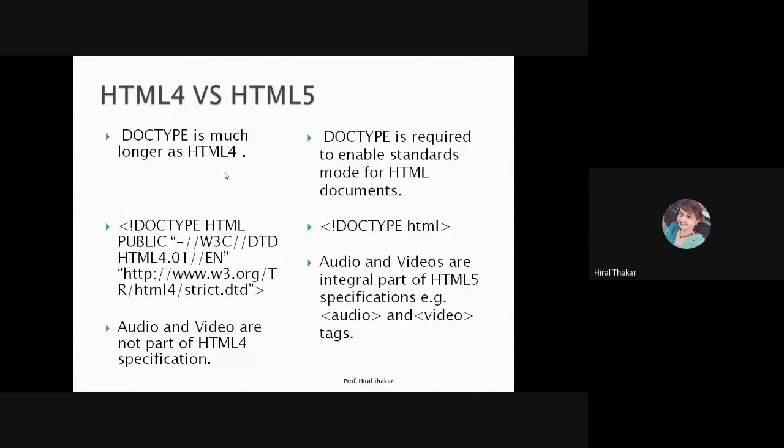So the difference between HTML version 4 and version 5. First of all, the declaration was longer, and here it is very short, right? In HTML4, very simple tags were there for creating text, images and so on. But in HTML5, advanced tags were introduced, like video, audio, canvas, SVG.